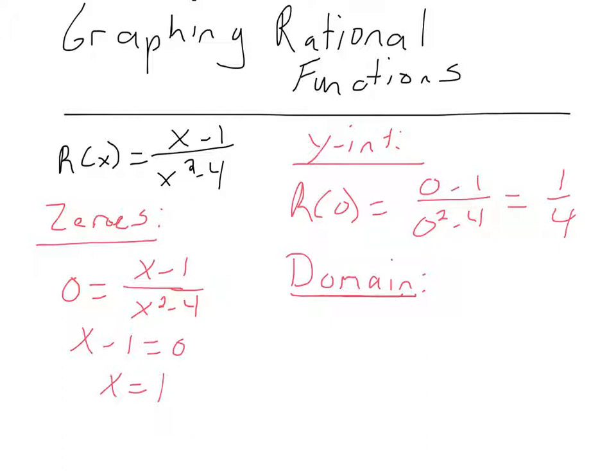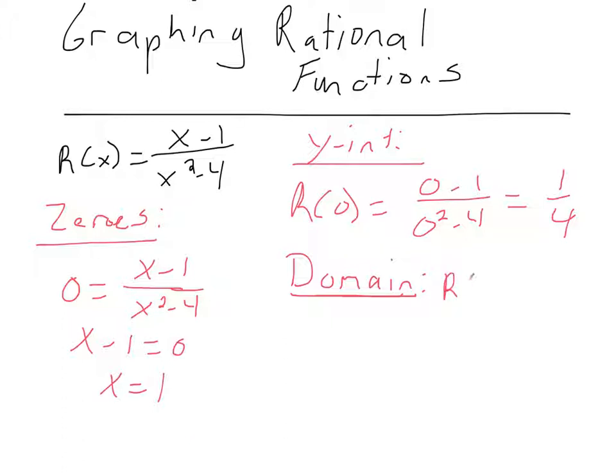So the domain, how do we find the domain? To find what doesn't work. Yeah, and so to do that, we have to do what with this fraction right here? Factor it. Yeah, we have to factor the denominator to figure out what values of x are going to make the denominator equal to 0, which are values of x that won't be part of the domain.